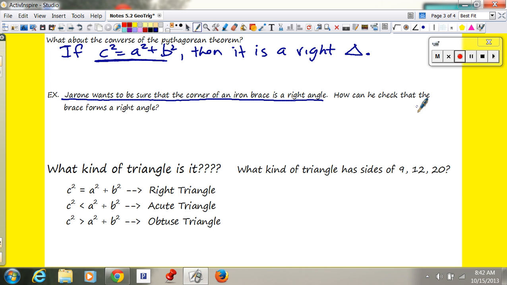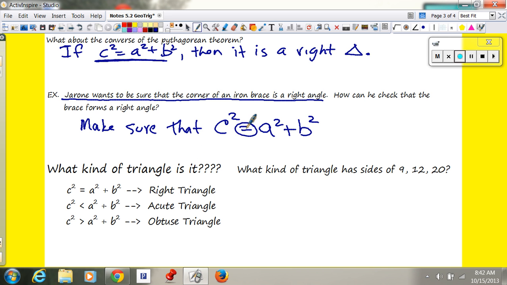He has to make sure that c squared equals a squared plus b squared. If c squared equals a squared plus b squared, then what does he have? A right triangle or a right angle there. If it's equal, it's going to be a right angle.